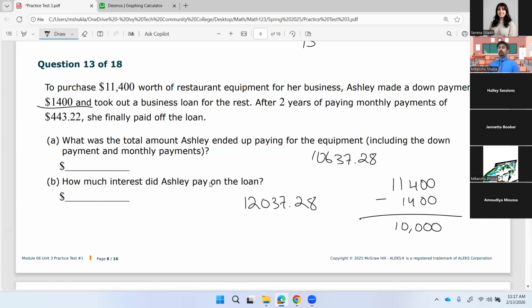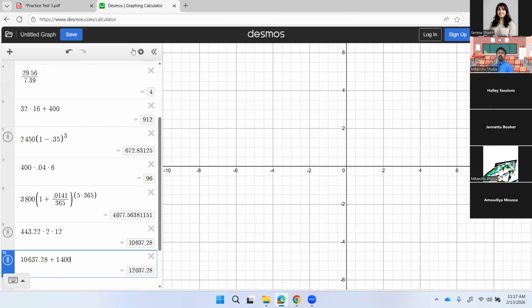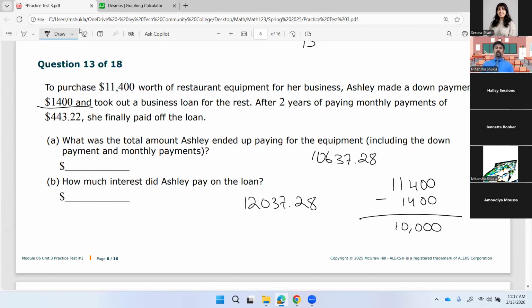So if she borrowed only $10,000 and she ended up paying $10,637.28, this thing right here, she ended up paying $637.28 in interest.